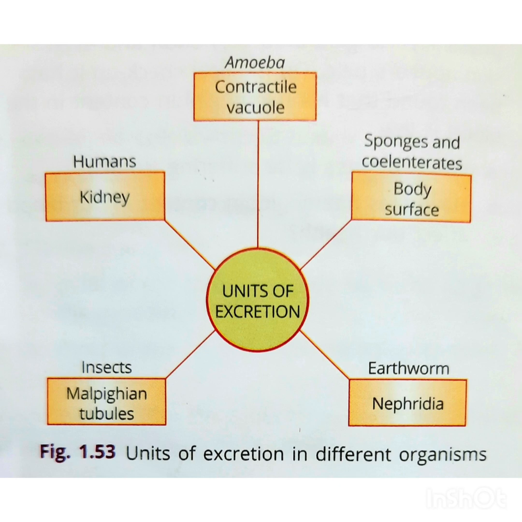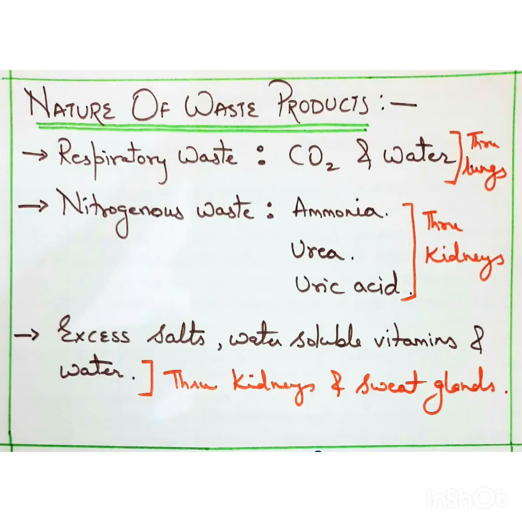Now, what kind of wastes are produced in human beings? When we talk about the human excretory system, what are the wastes which are to be removed from the body? The first one is respiratory waste, the second one is nitrogenous waste, and the third one is excess salts, water-soluble vitamins and water, right? That has to be excreted out.